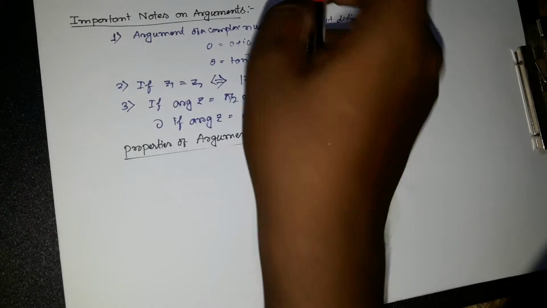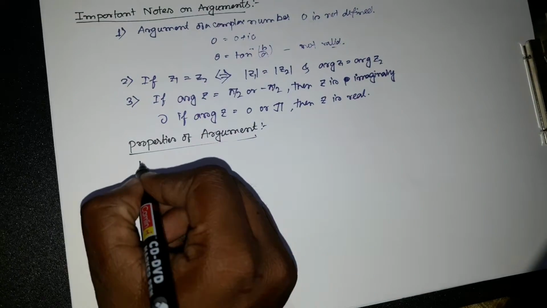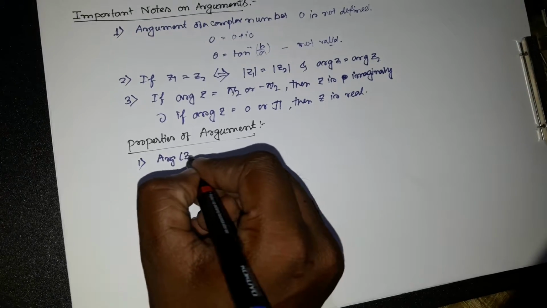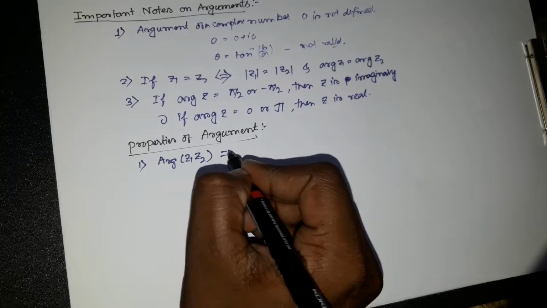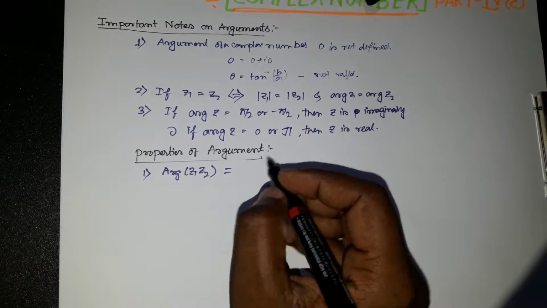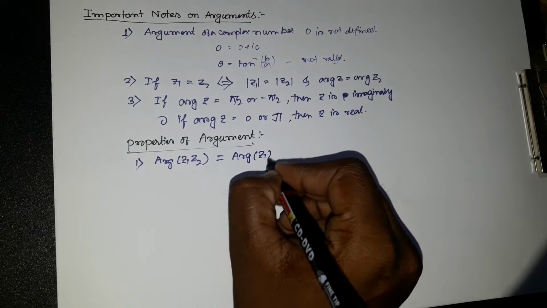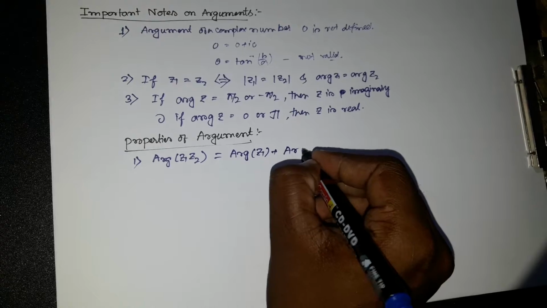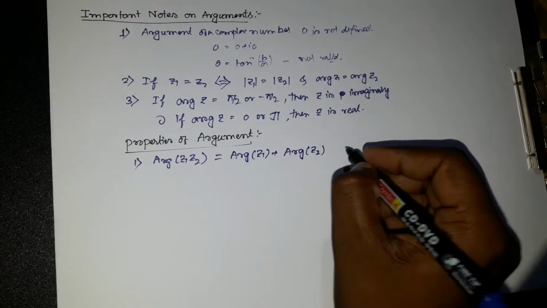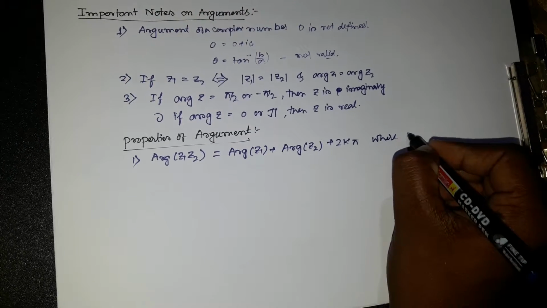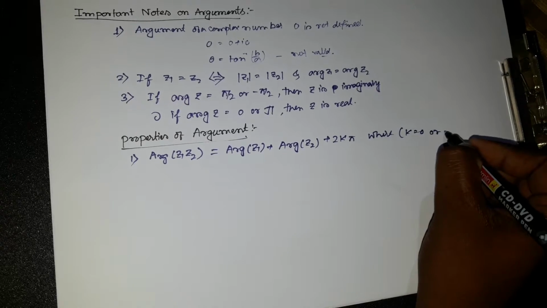Number 1: argument of z1 z2 equals argument of z1 plus argument of z2 plus 2k pi, where k is 0 or minus 1.